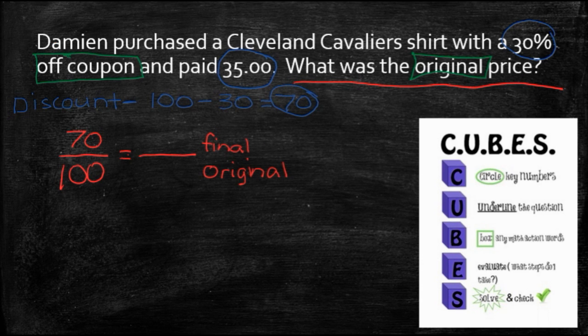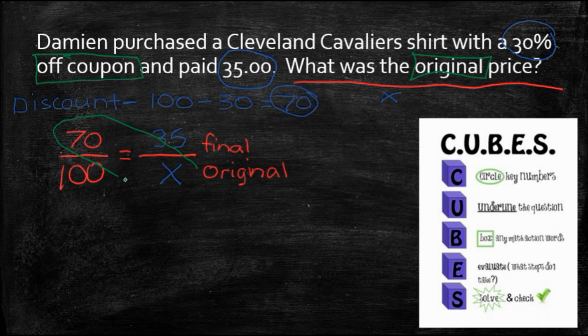So the original price is what we're trying to find. So that's our variable. And if it helps you, under the question, you can put an X or whatever variable you want. If your name starts with a J, then you can most certainly use a J as your variable if you like to do that. So the final price, he paid $35. So go ahead and solve this. Pause the video, solve it, and come right back.